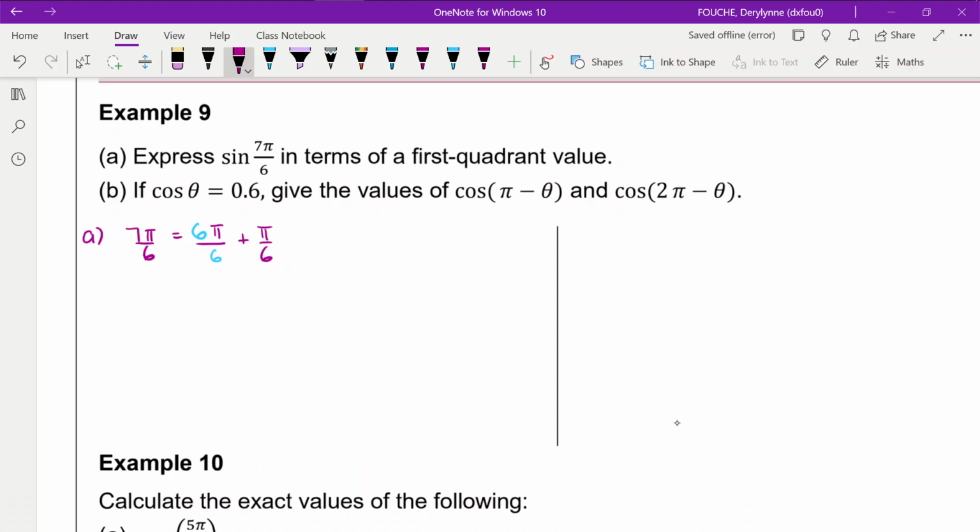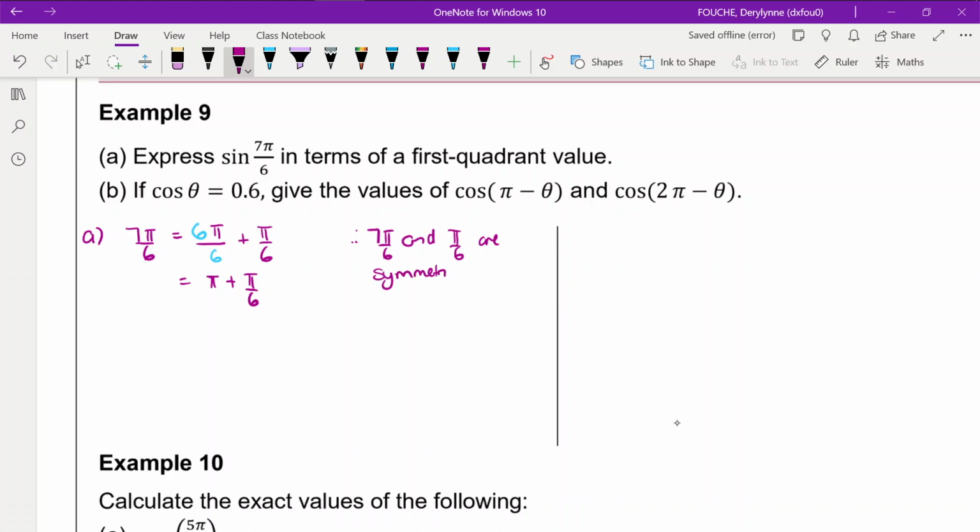So if I rewrite 7 pi on 6, I can rewrite that as pi plus pi on 6. The significant thing about that is that I have an acute angle that can be related to a first quadrant angle. 7 pi on 6 itself is not an acute angle, but pi on 6 is an acute angle. So that means that 7 pi on 6 and pi on 6 are symmetrical angles.